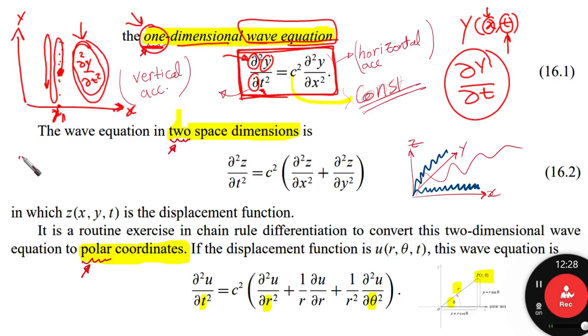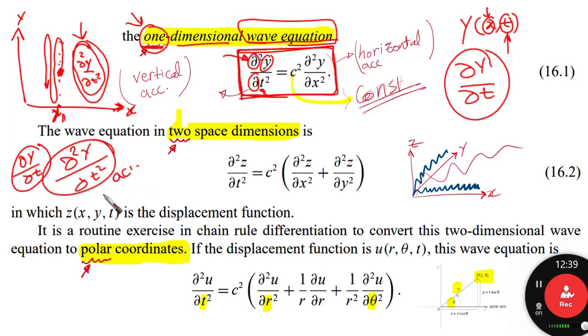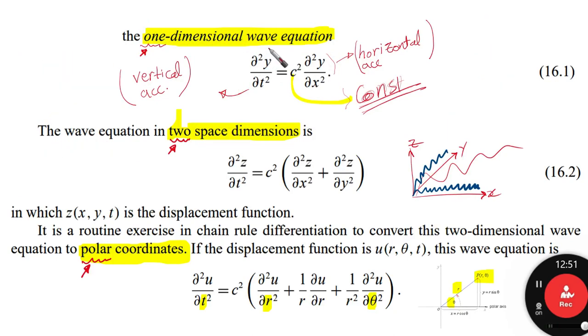Because partial y, partial t is the velocity of the point up and down, and then partial squared y, partial t squared is what? Exactly, the acceleration. We're talking about the vertical acceleration of the same point going up and down. So this is the left-hand side, which I can call the vertical acceleration of the point.